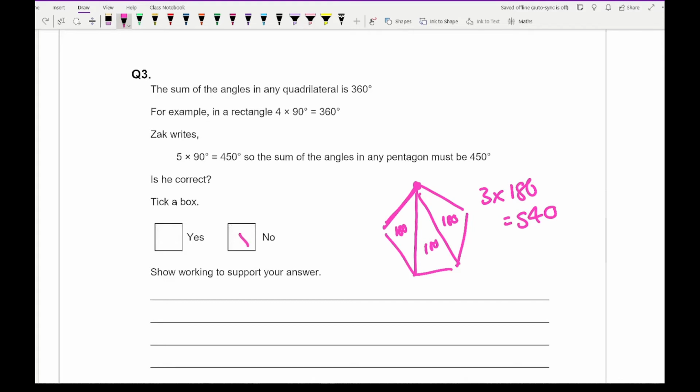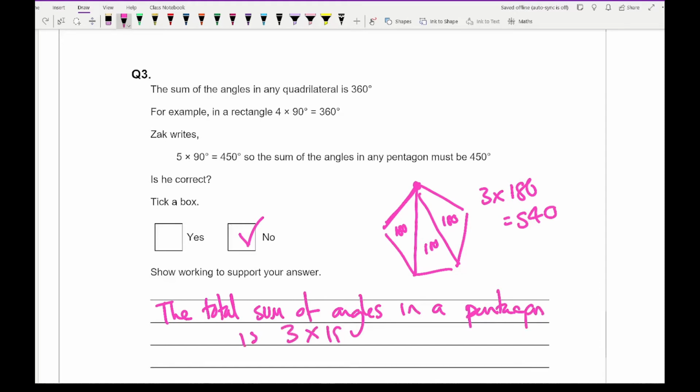No, he's not. So we'll tick no, and the reason for it is because the total sum of angles in a pentagon is 3 times 180, not 5 times 90.